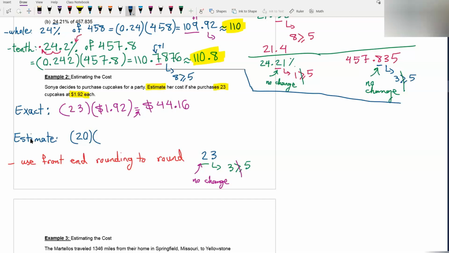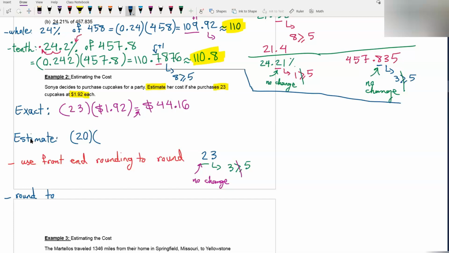For the second number, here we have 1.92. 92 is in cents. I want to round to the nearest dollar. Because when you have cost, you can either round to the nearest dollar or the nearest cent.